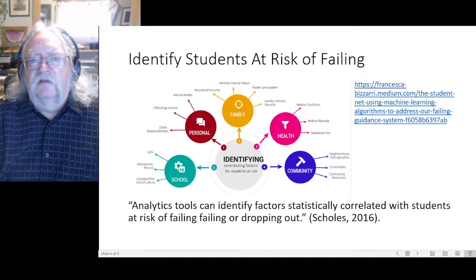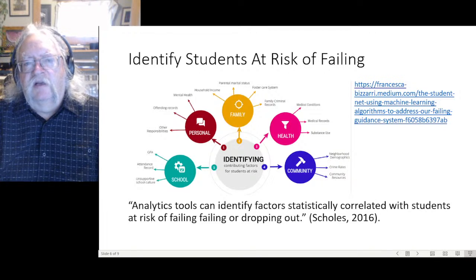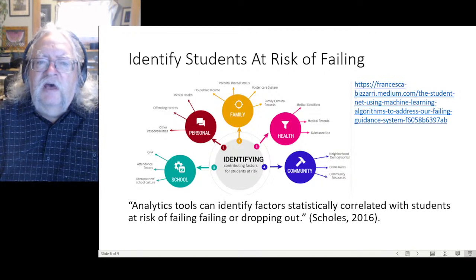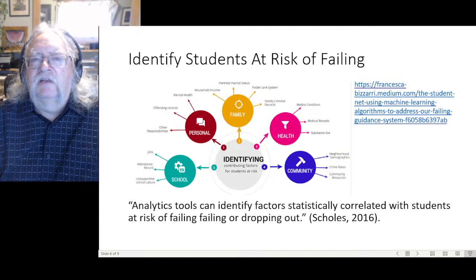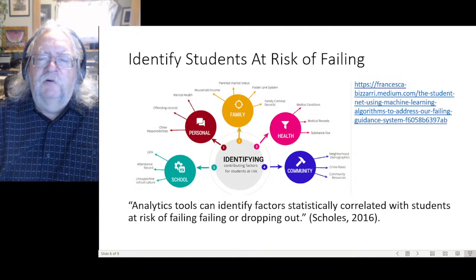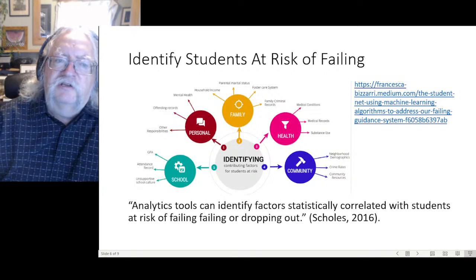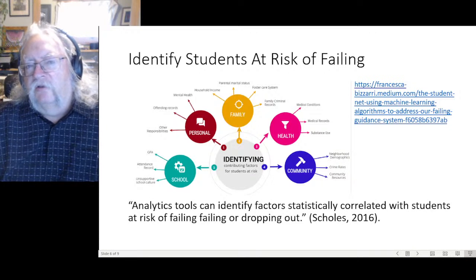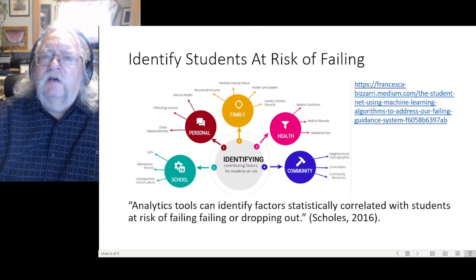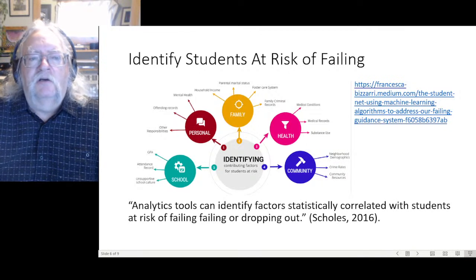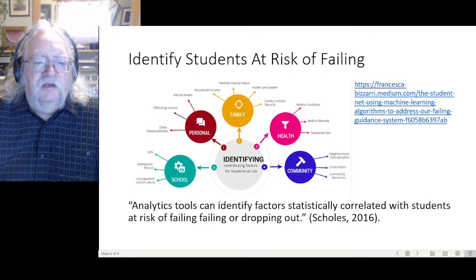Another type of predictive analytics, and one of the most widely talked about types of predictive analytics in the field, is that used to identify students at risk of failing. We can imagine this being done based on very simple tests. For example, if a student never attended any classes, then the odds are greater that they will fail. But what about many other criteria that might have an impact on a student's potential passing or failing in a class?